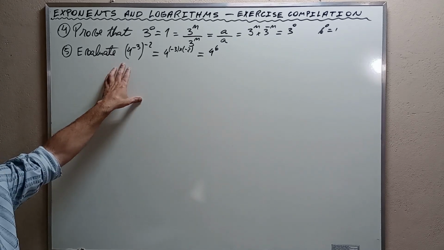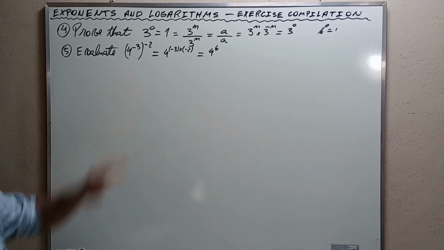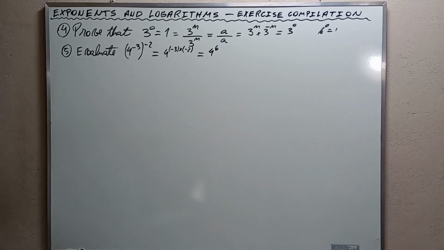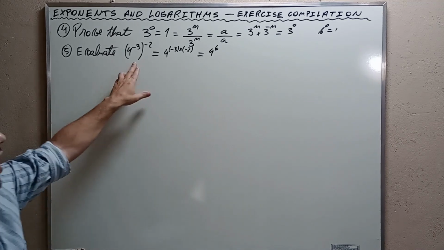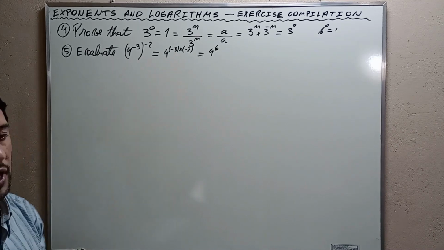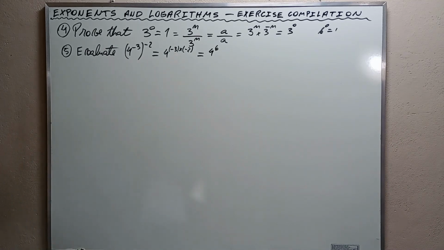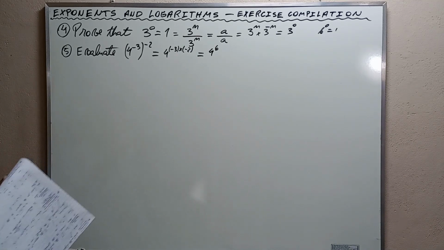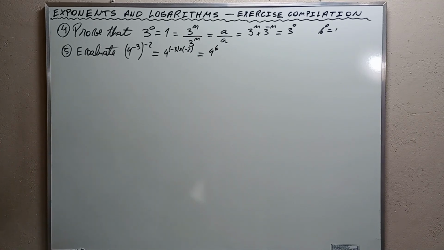You can go back to one of the properties that we studied in the beginning of this video to check why it is multiplication and not addition. Let's move on and go to exercise number 6.